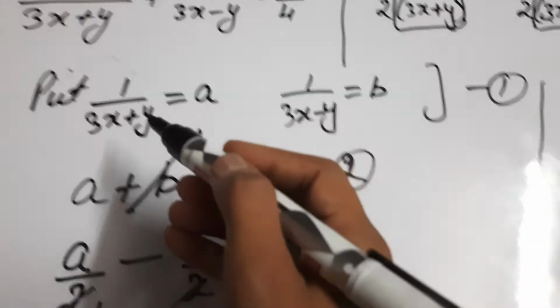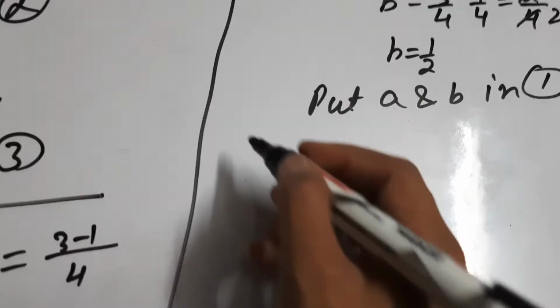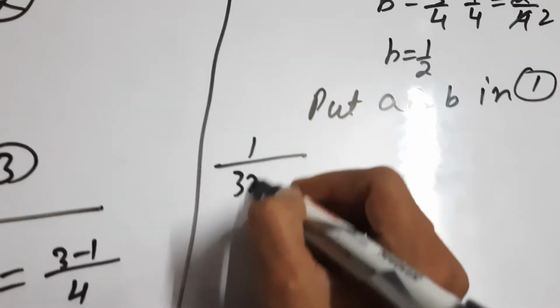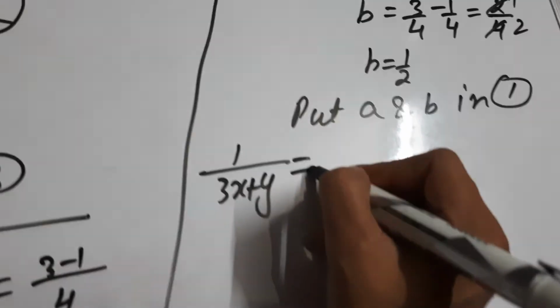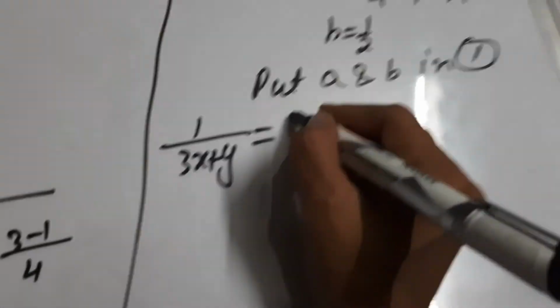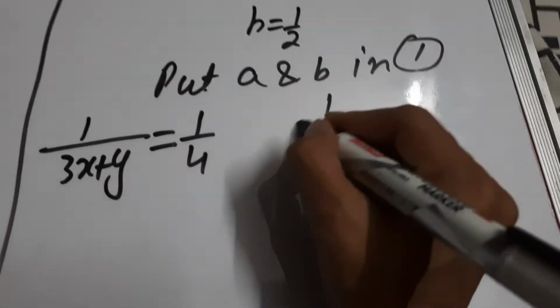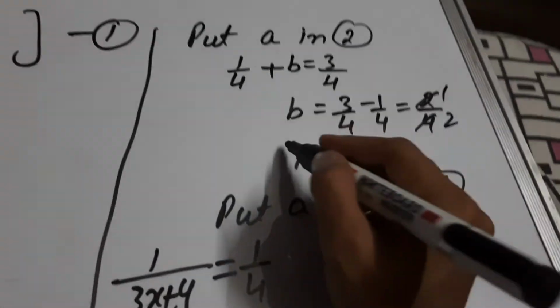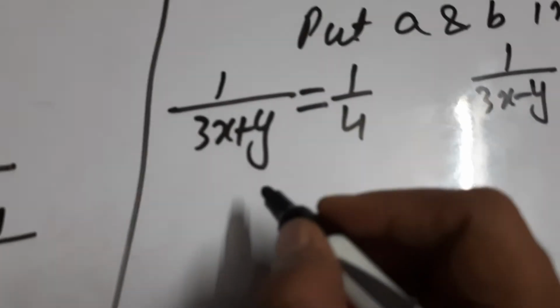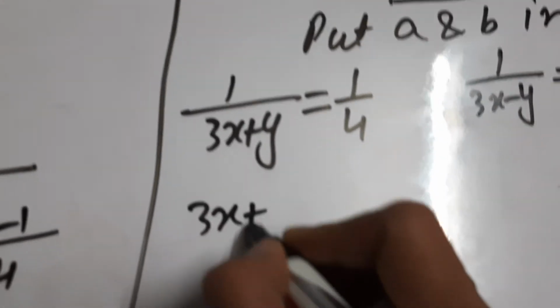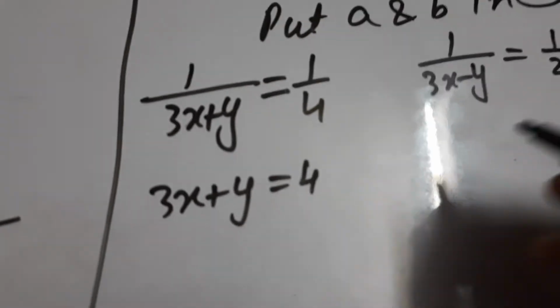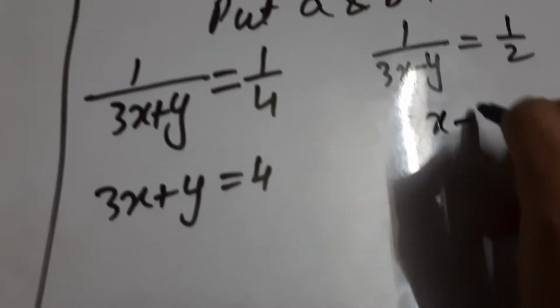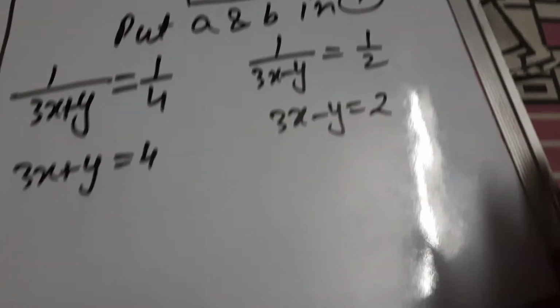So when you will put here, you will get 1 by 3x plus y is equal to a, and a is 1 by 4, and 1 by 3x minus y is equal to 1 by 2, because b is 1 by 2. Now take the reciprocal, we'll get 3x plus y is equal to 4, and 3x minus y is equal to 2, right?